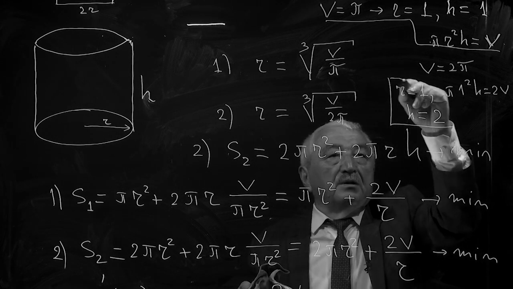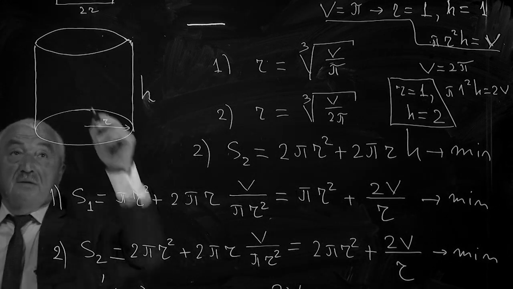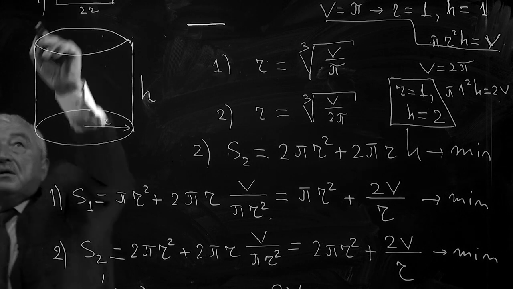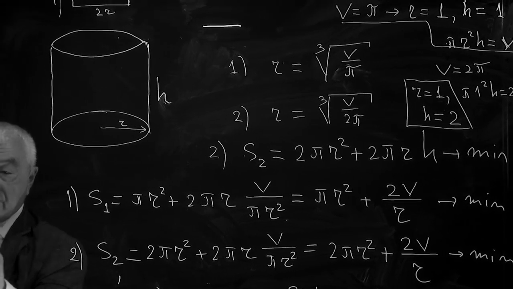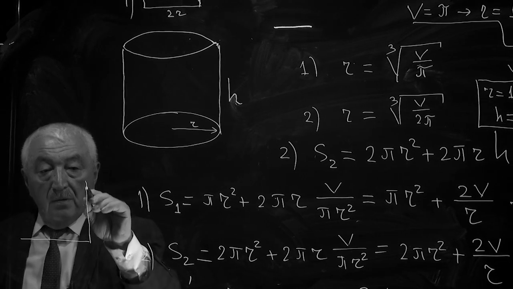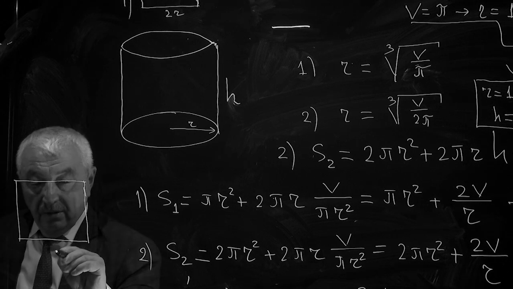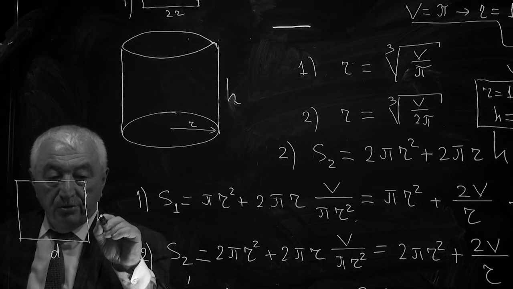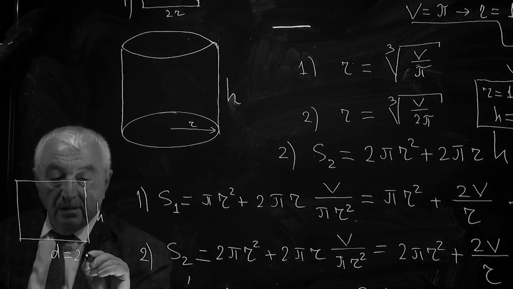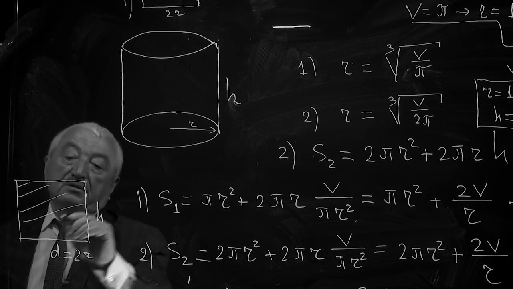This optimal relation, what does it mean? In the first case, the optimal construction has a cross section where the diameter is equal to H. It is the optimal relation in this case.